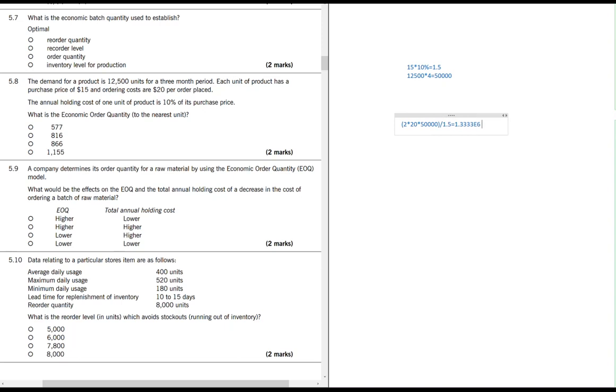So if I put it in the calculator, 2 multiplied by 20 order cost multiplied by 50,000, divided by 1.50.